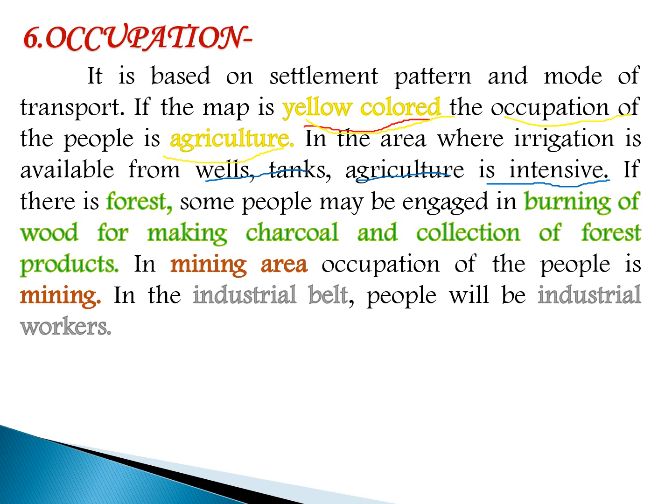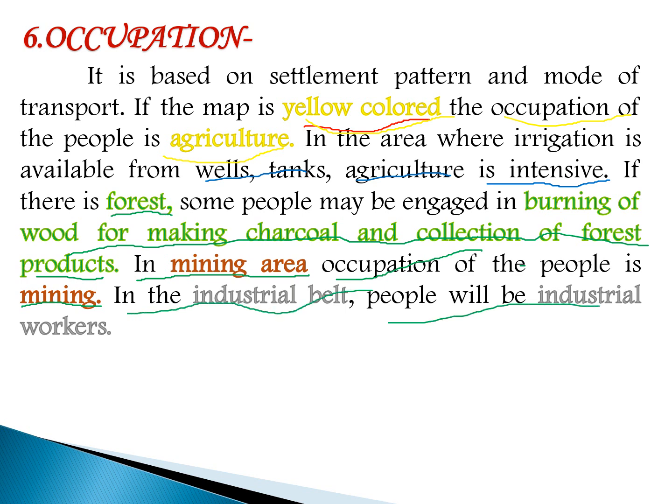If there is forest, which is shown with the green color, some people may be engaged in burning of the wood for making coal, and collection of forest products like honey and wood. Then if in some areas there are mines, the occupation of the people will involve mining. And if there is an industrial belt, the people will be industrial workers.